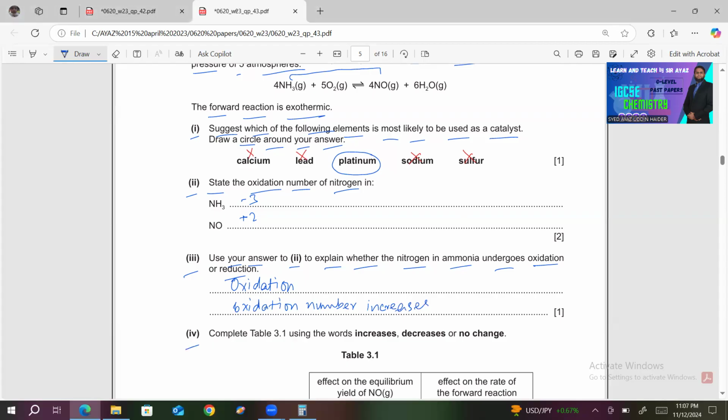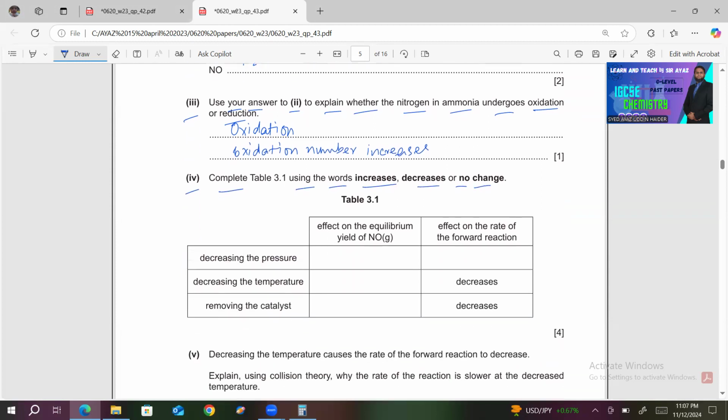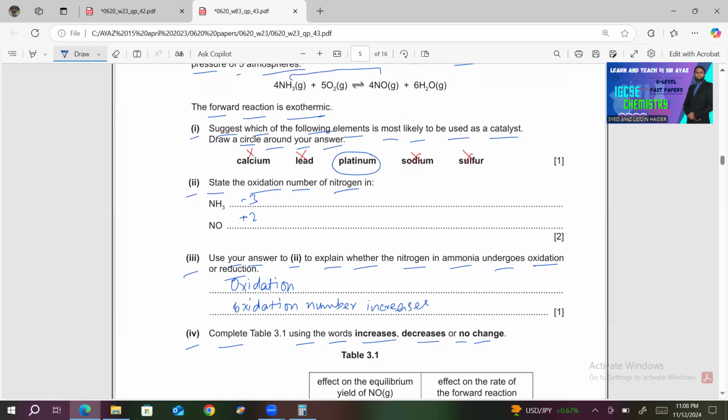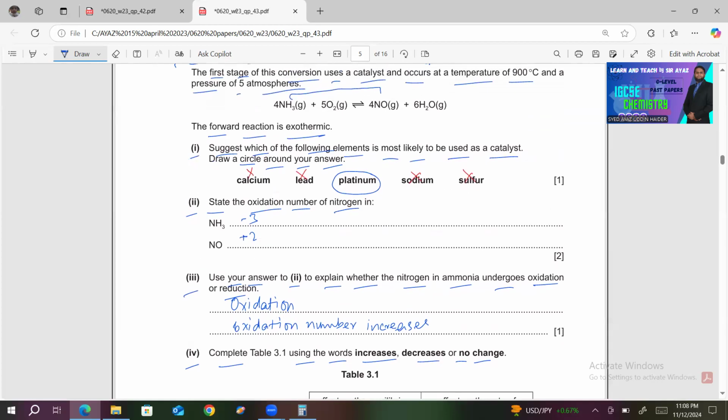Moving to part 4, complete table 3.1 using the words increases, decreases, or no change. Decreasing the pressure, what will be the effect on the equilibrium yield of NO? Where is NO? It's on the product side. If you decrease the pressure, the equilibrium will shift to the side with the higher number of moles of gases.